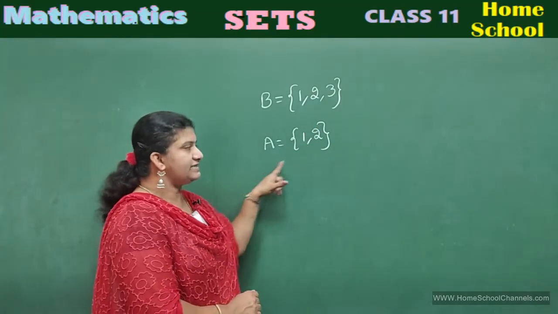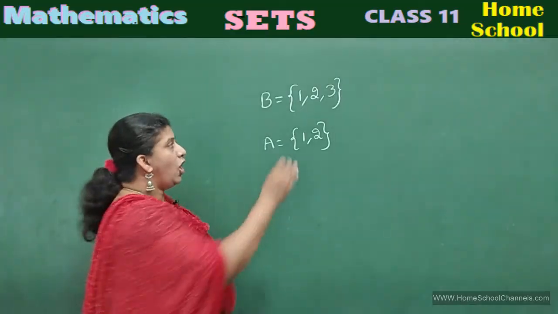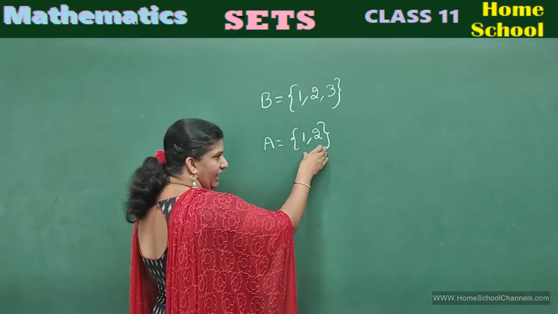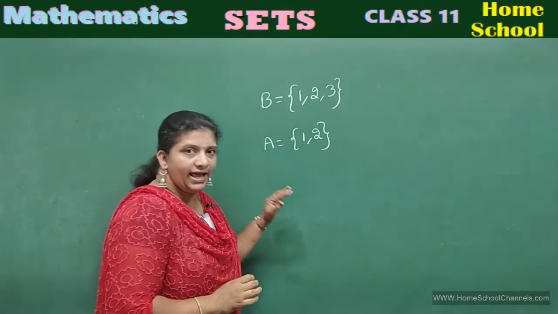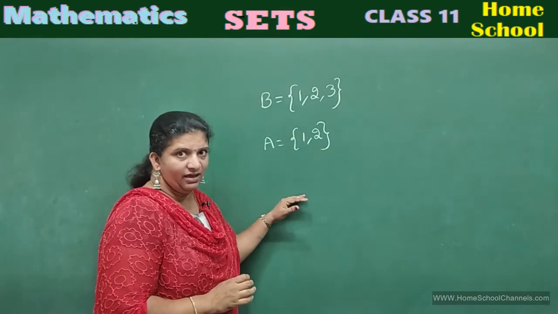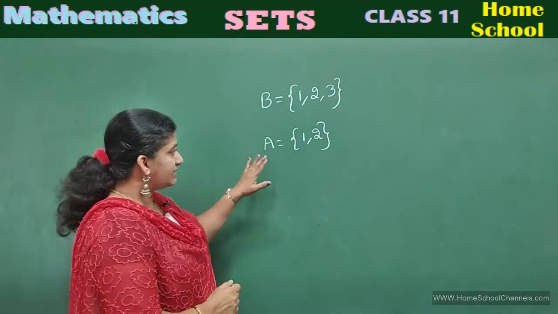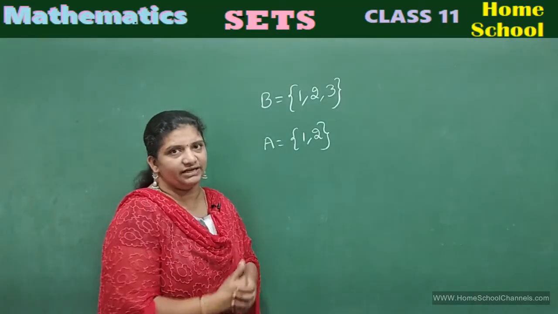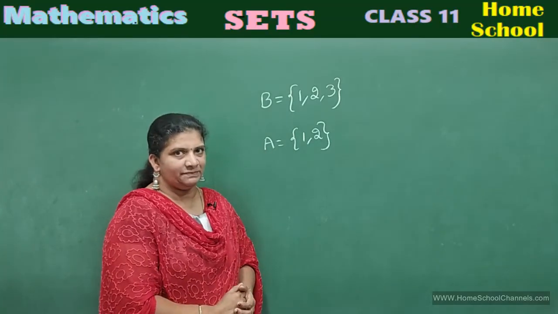See here, in this set other than 3 you have 1, 2. That means all the elements in A are present in B. All the elements in A are also contained in set B. So this is called a subset. A is a subset of B, I can say.